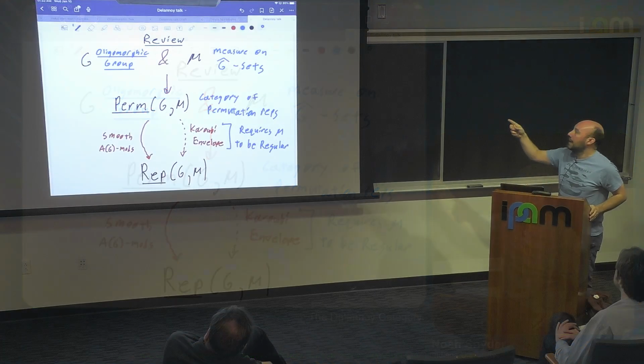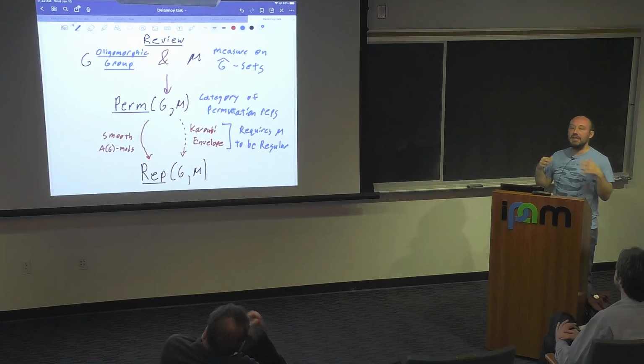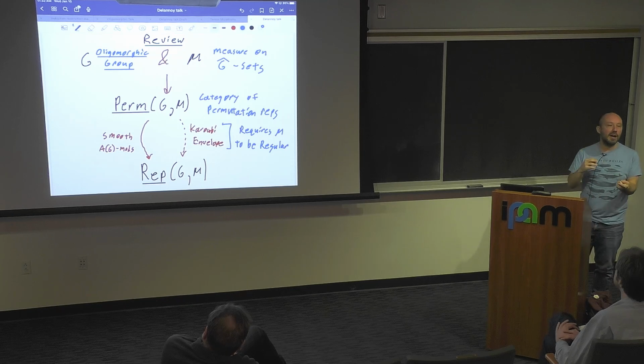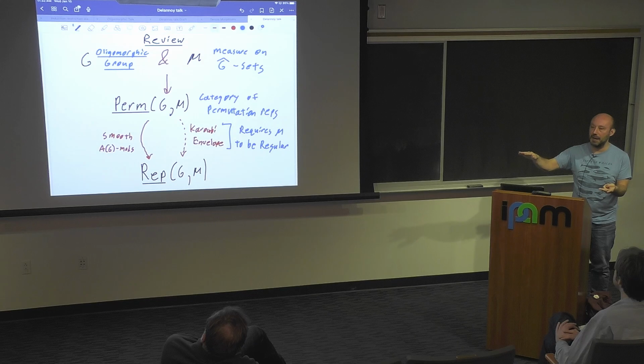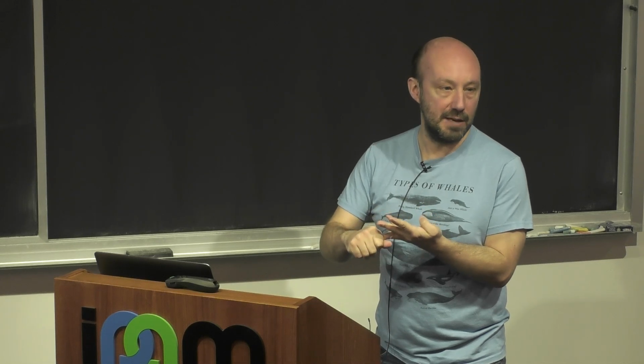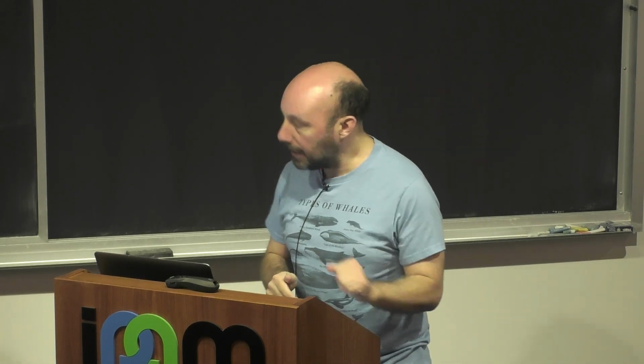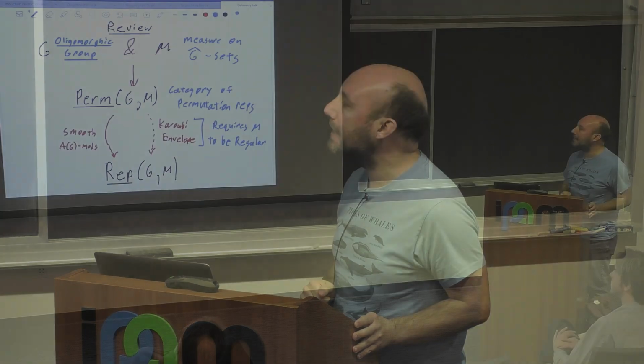So this measure, when I say a measure on G hat sets, I mean it's going to tell you a notion of size, not just for transitive G sets, but for any G set by just adding them up, but not just for G sets, also for H sets for H, some open subgroup of G, okay? So we're going to have some oligomorphic group, some measure on G hat sets.